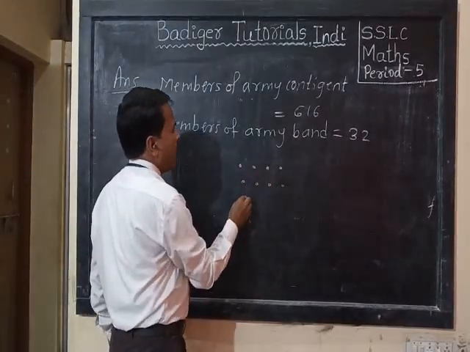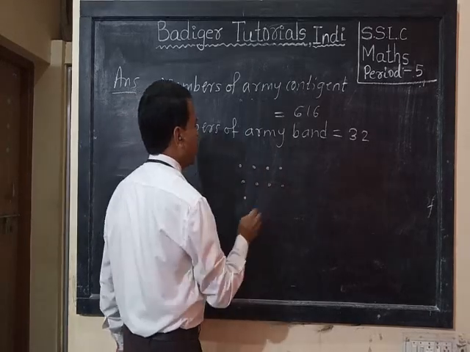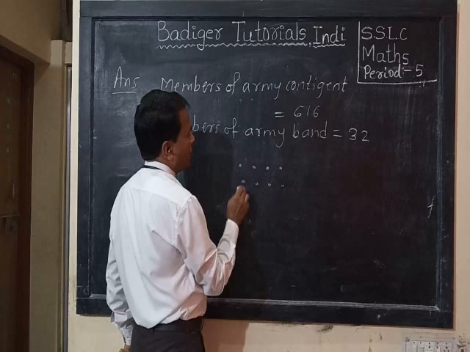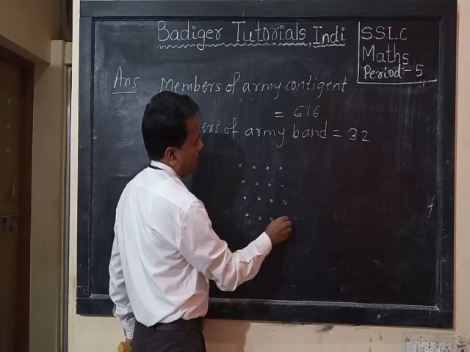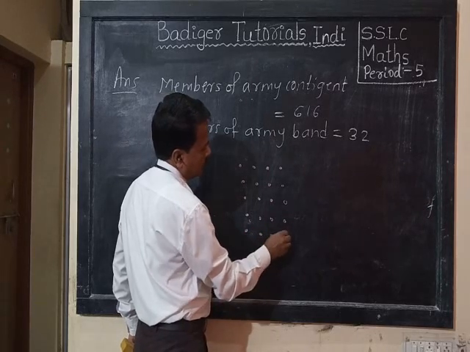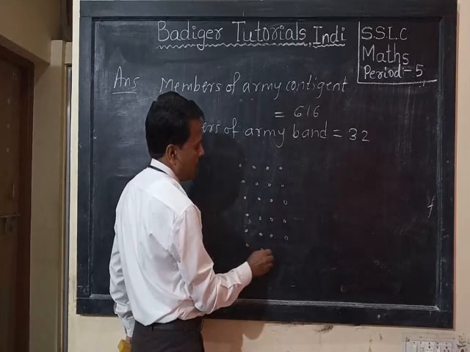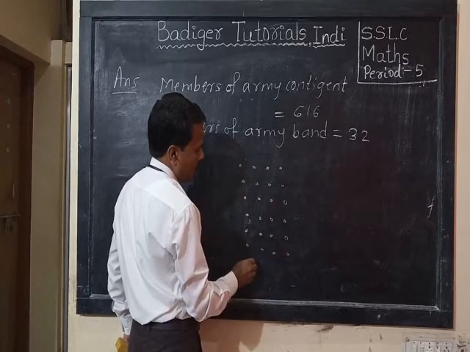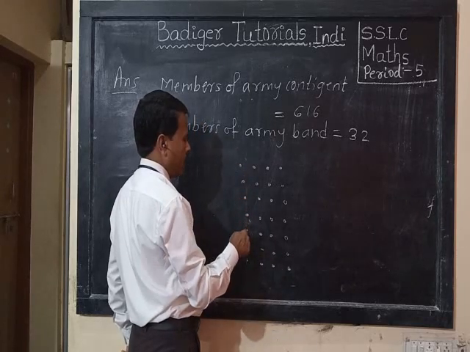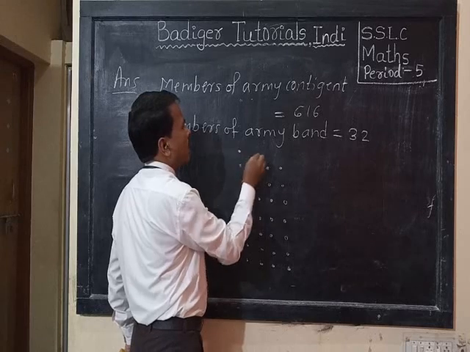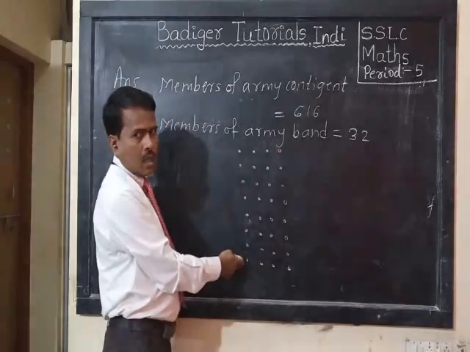So they will stand in 4 columns, with rows 1, 2, 3, 4, 5, 6, 7, and I'll write one more here, 8. So 8 4s are 32.